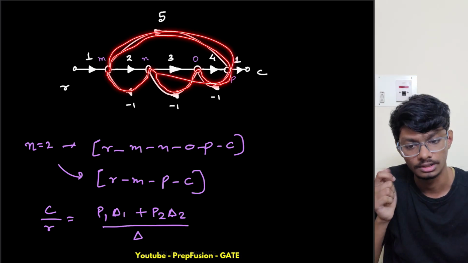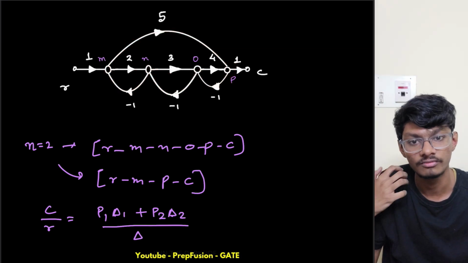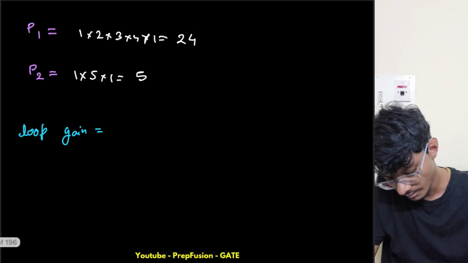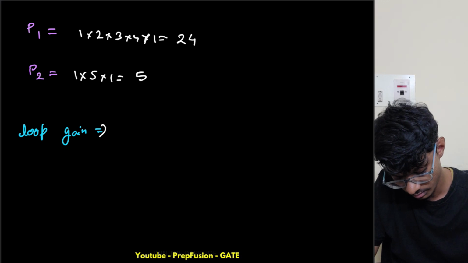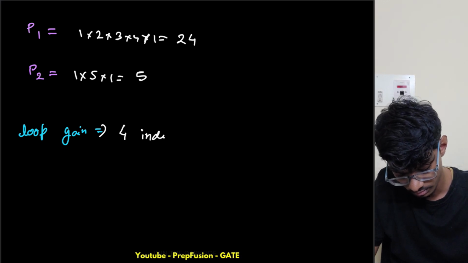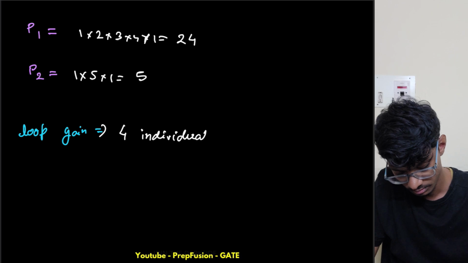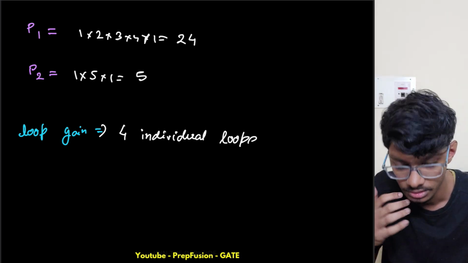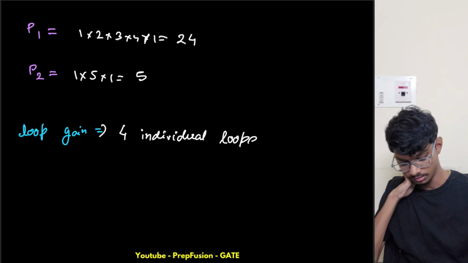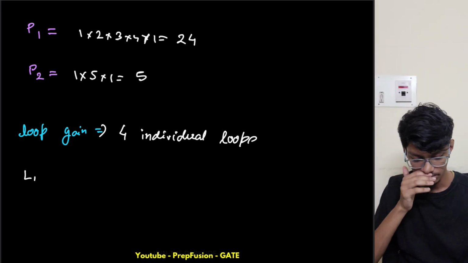So this is also another loop. So we have 4 individual loops.